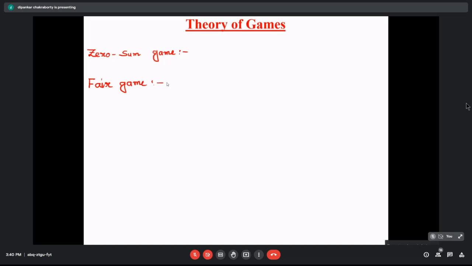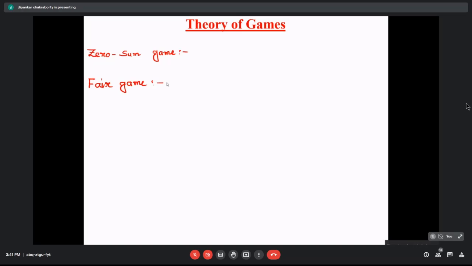Okay, so two things we have discussed. I am repeatedly going to say it so that it will be remembered automatically. Zero sum game means if the gain of one player is equal to the loss of the other, then the sum of gain and loss is zero. And if the value of the game is zero, that game is called a fair game.